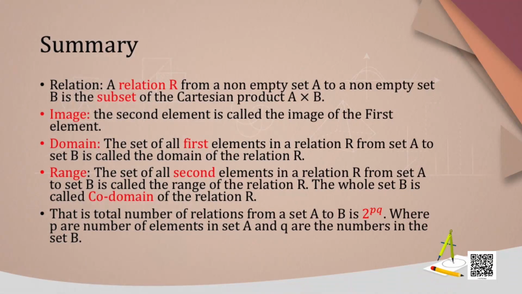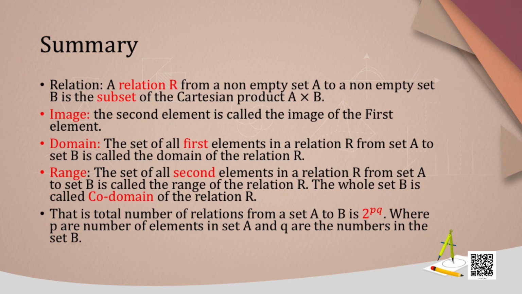So, let us see what we have learned today. Today we have learned what a relation is, that is, a relation R from a non-empty set A to a non-empty set B is a subset of the Cartesian product A with B. Next, what is an image?